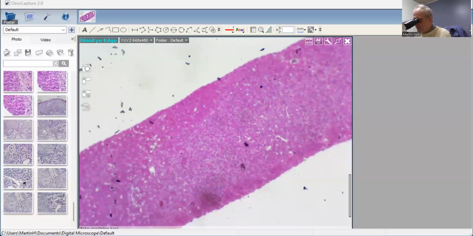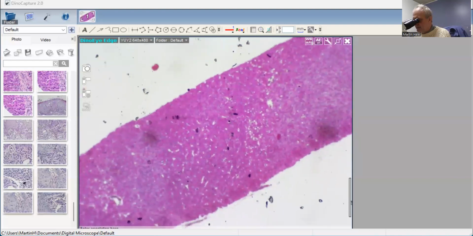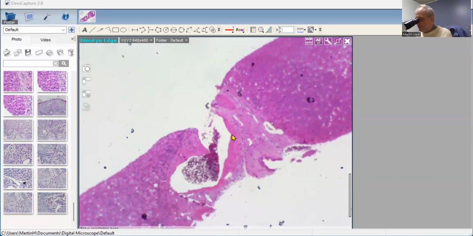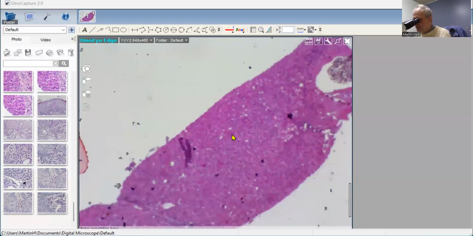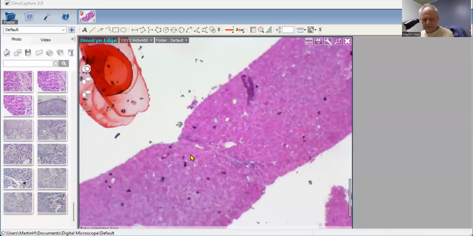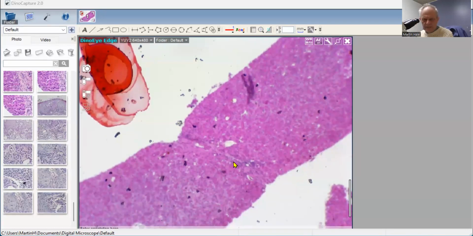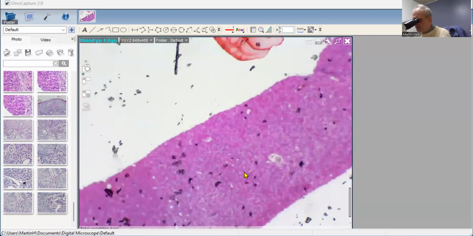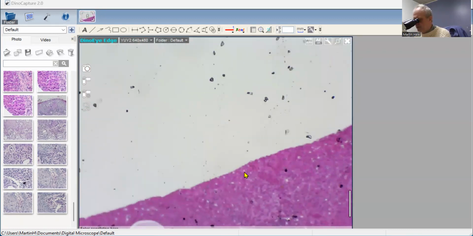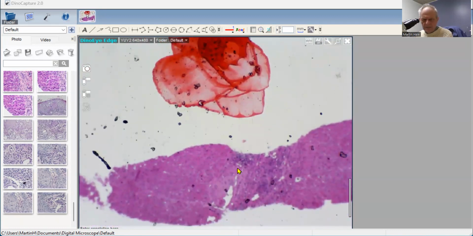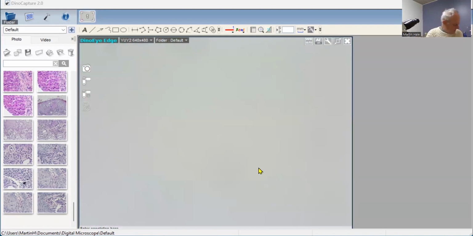As we go quickly down the biopsy, you can see that we get to portal tracts, which show significant expansion. There's something happening there. There's this fibrous connective tissue band coursing across that. That's a portal tract, and you can see the blueness of inflammatory infiltrate. And then we've got another portal tract there, once again, blueness showing the inflammatory infiltrate.